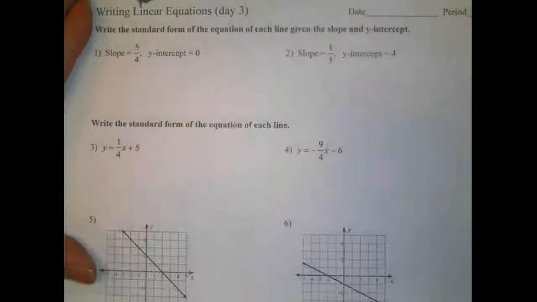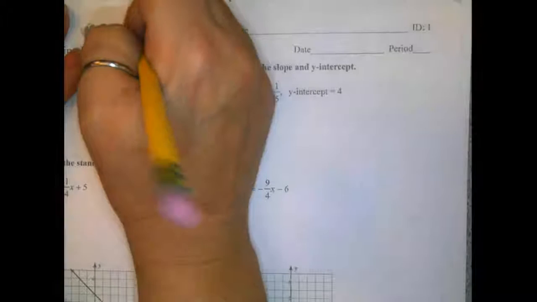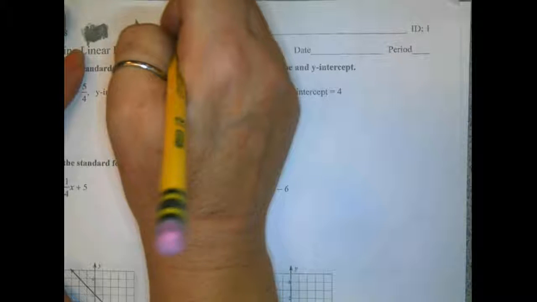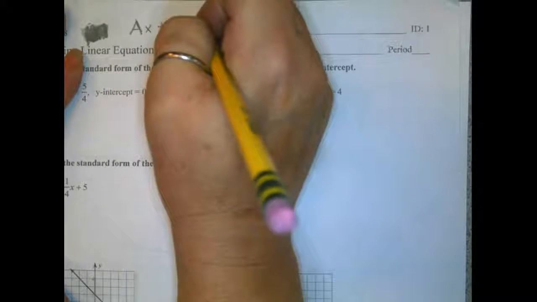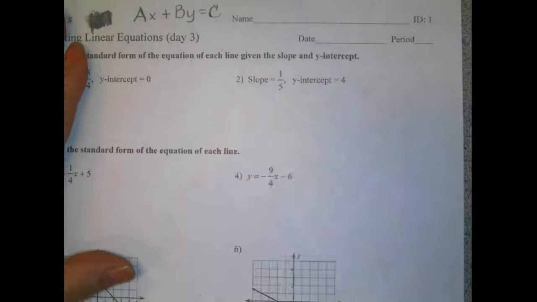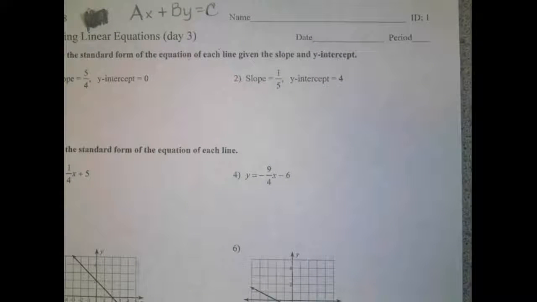No. So let's write it down here so that you can have it. Standard form is this: AX plus BY equals C. I know, that's not standard form, that's slope-intercept.